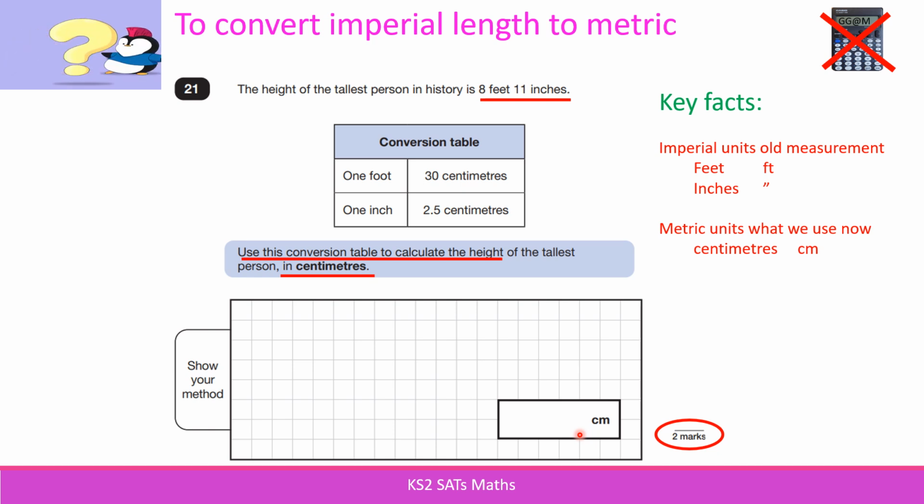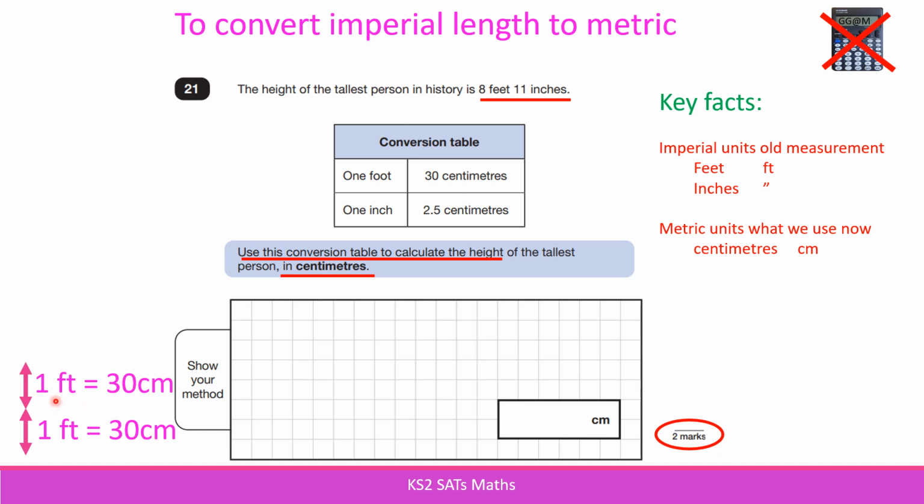Fantastic work. Hopefully you've managed to work out what 8 feet and 11 inches is in centimetres. If I start off with 1 foot being 30 centimetres, thinking of this as a height or a distance, I go again, I've got my second foot, another 30 centimetres.